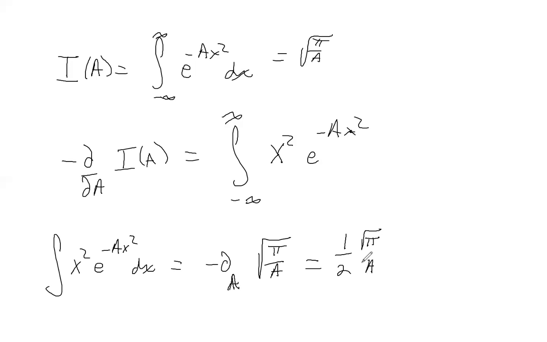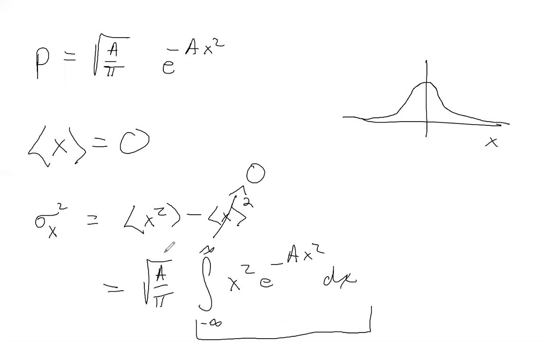a to the 3/2 downstairs, or I could write that as half root pi over a times 1 over a, just doing some algebra. They're equal. The reason I write it this way is so that I can compare it here, and this prefactor will cancel.